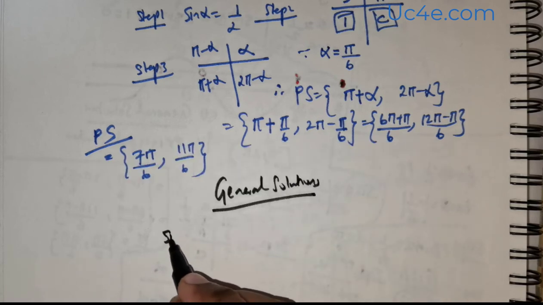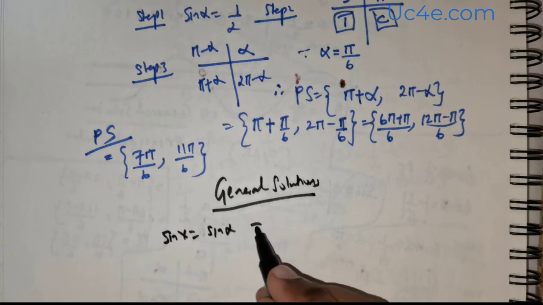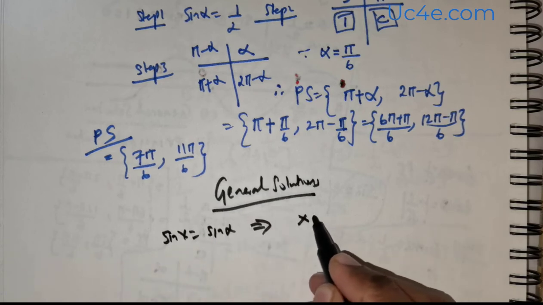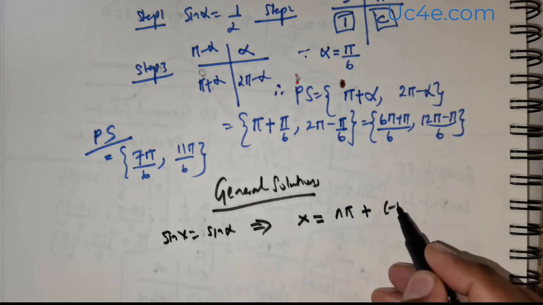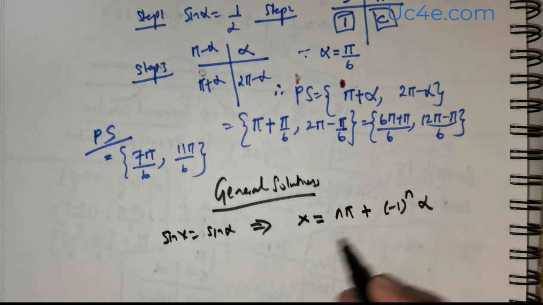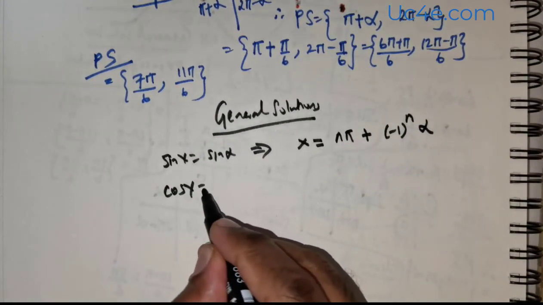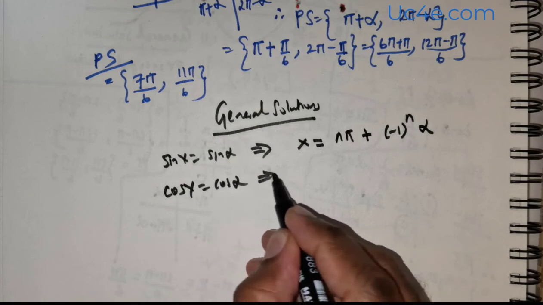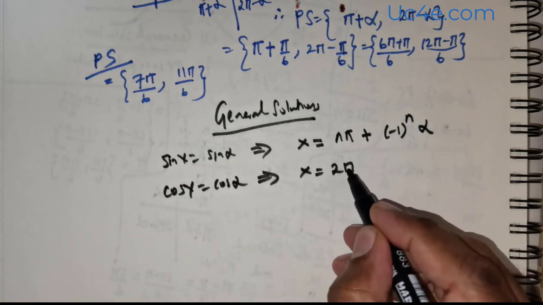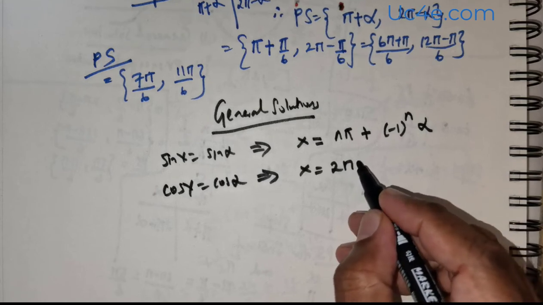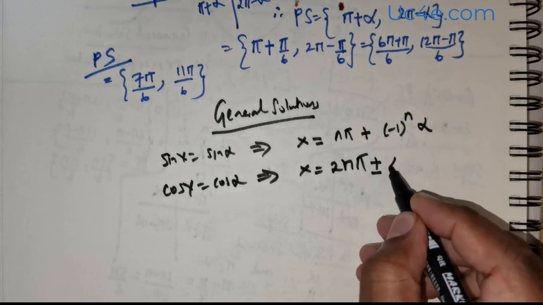Now when sine x is equal to sine alpha, the general solution is given as x is equal to n pi plus negative 1 raised to the power of n times alpha. Similarly, when cos x is equal to cos alpha, x is given to be 2 times n times pi plus or minus alpha.